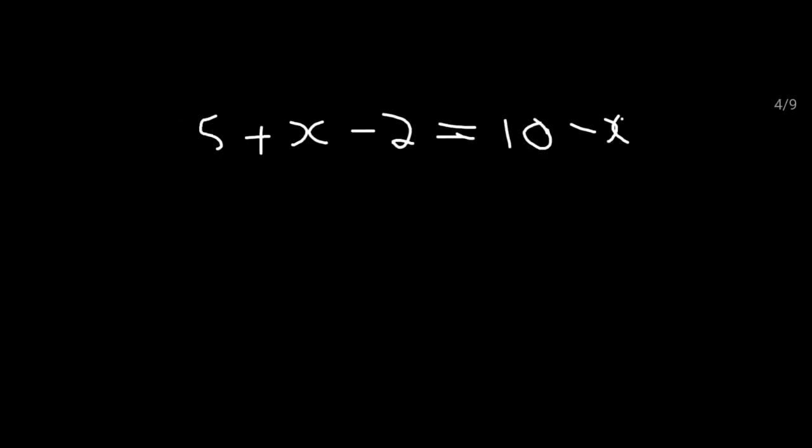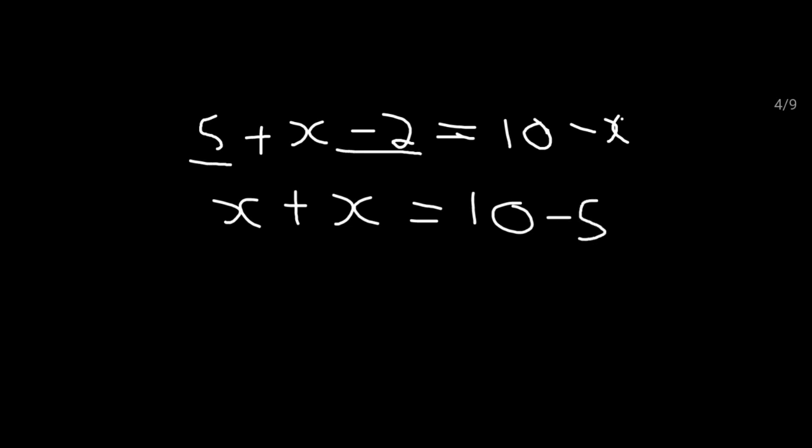5 plus x minus 2 equal to 10 minus x. This is an easy one. You have variables, you have numbers, you group them together. I'm taking this negative x to the other side. It's going to change its sign from negative to positive x, then equal to 10. Then the 5 gets transposed and becomes negative 5, and the negative 2 gets transposed and becomes positive 2.